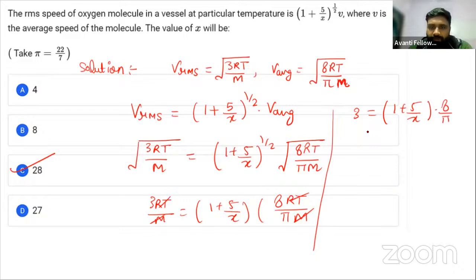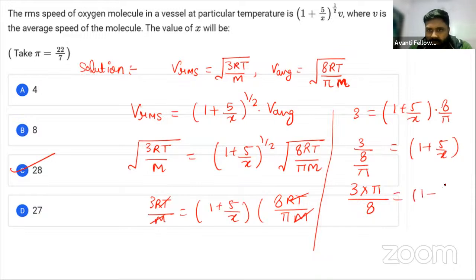Got it? Now, what we can do, we can take it to this side. This is in multiplication, so here it will come in divide. So it will become 3 by 8 by pi equals 1 plus 5 upon x. Now this pi will go upside, 3 into pi upon 8 equals 1 plus 5 upon x.